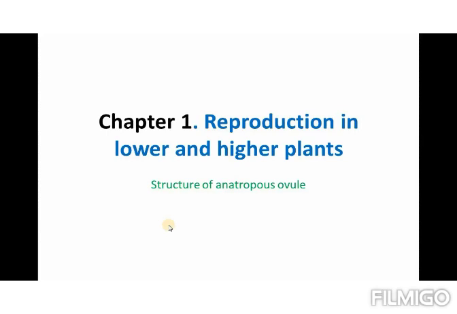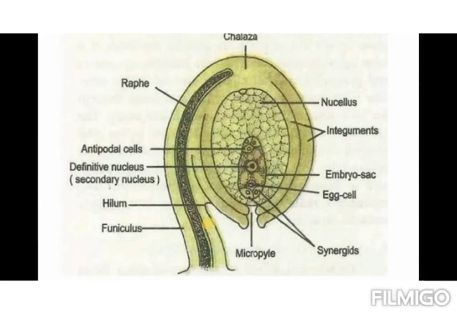Upper one is called the stigma, then the style, and then the ovary is there. And the ovary encloses one or more ovules in it. There can be one ovule also, and there can be many ovules also. So today we will study the structure of the ovule.